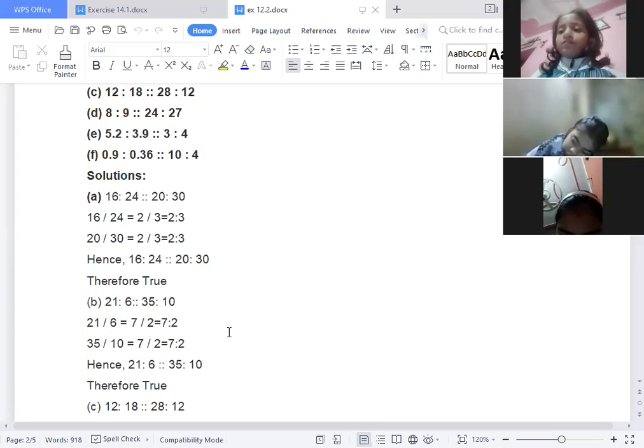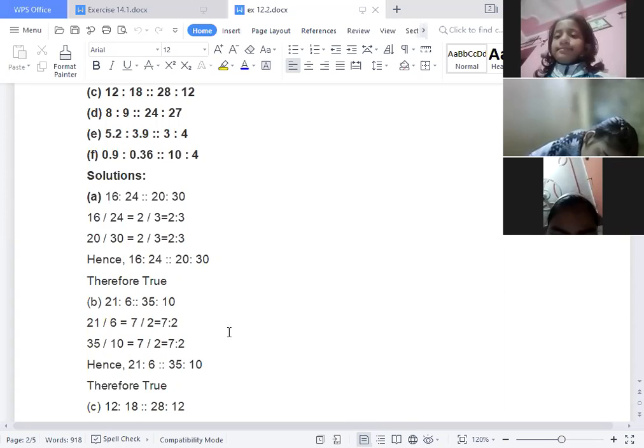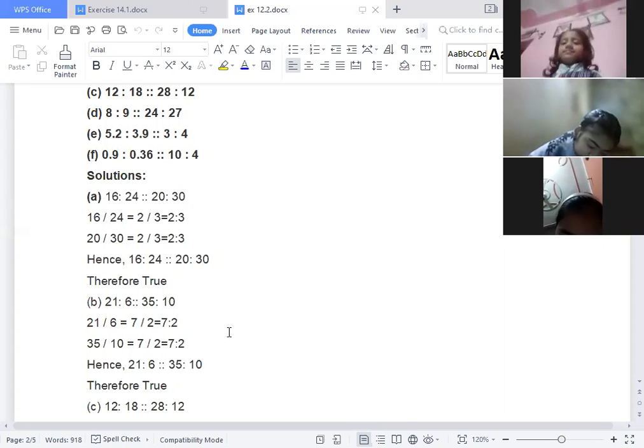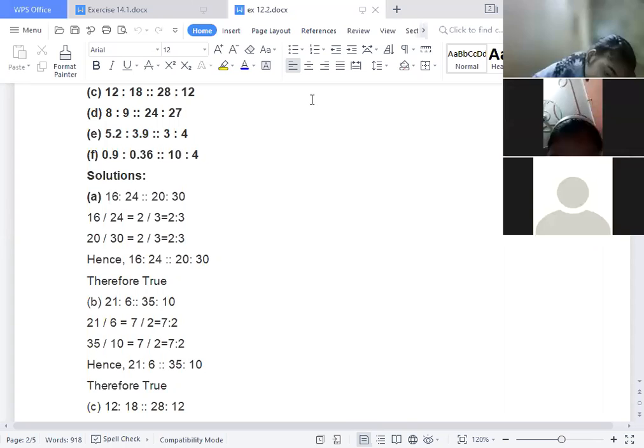You're talking about which table it will get cancelled out. Tell me that. Both the numbers 12 and 18 go in which table? I'm asking that. Ma'am, 2. 12 comes where? In the table of 2. Ma'am, 2 6s are 12 and 2 9s are 18. Now 6 and 9, can they be cancelled out more, or is this the lowest form?